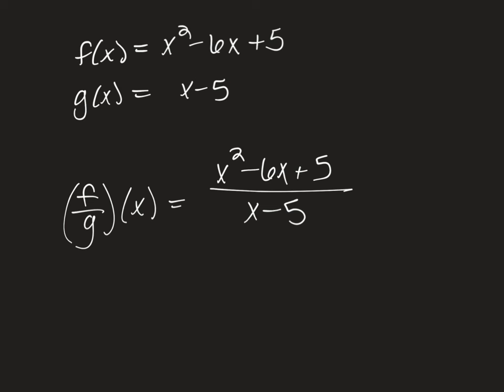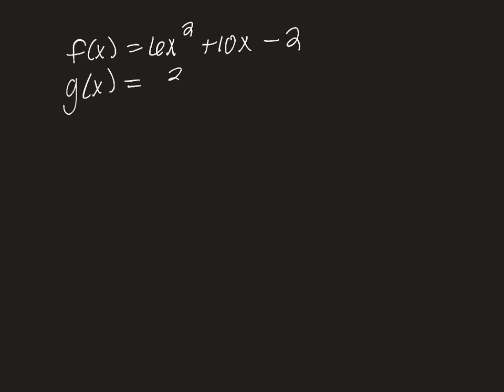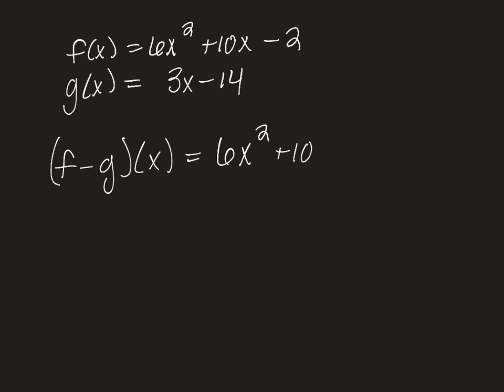All right, let's do a subtraction real quick. So let's say our two functions are... so let's do f minus g of x. What formula did you say we have to know?